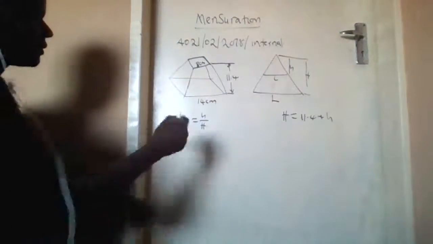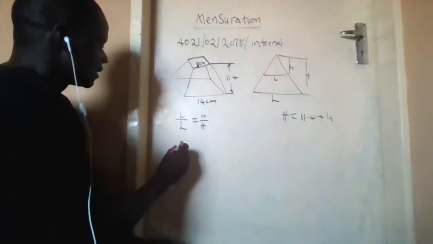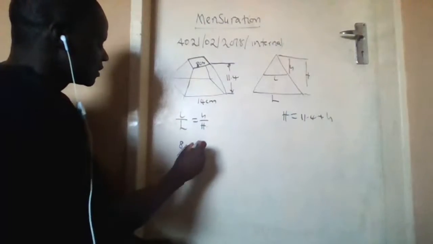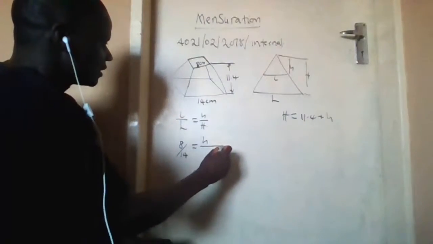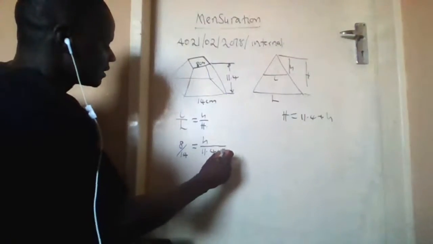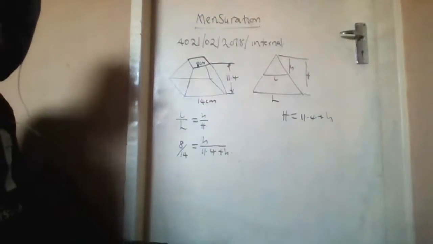So what is our small L? Our small L is 8 over 14, equal to small h over big H, which is 11.4 plus h.